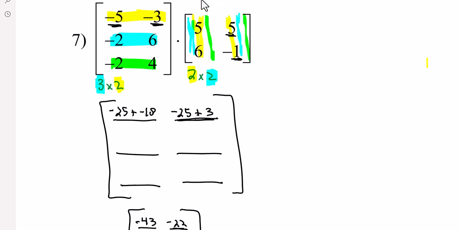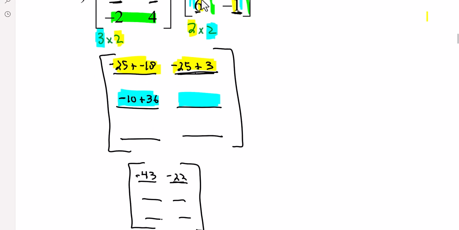Okay, now we can move to the middle ones. Okay, so negative 2 times 5, negative 10. 6 times 6 is positive 36.